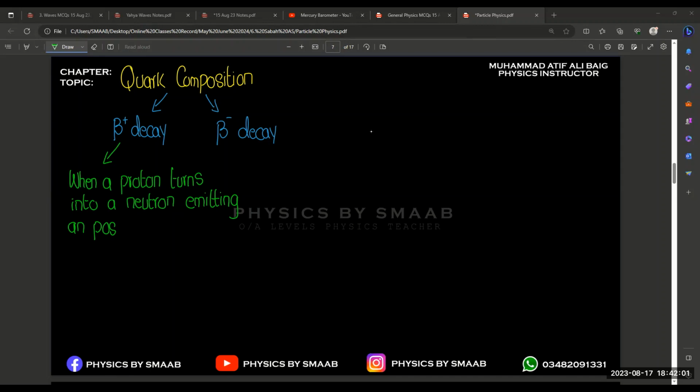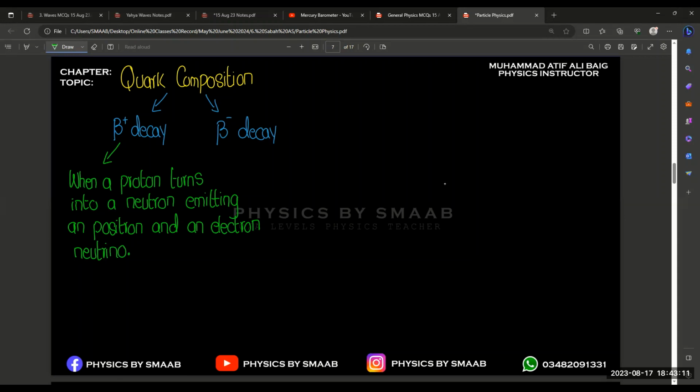In beta positive decay, the main process is converting a proton into a neutron, but during this reaction we are also getting a positron and an electron neutrino, right?